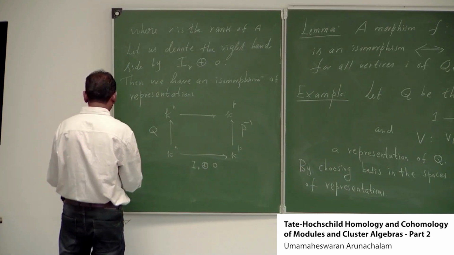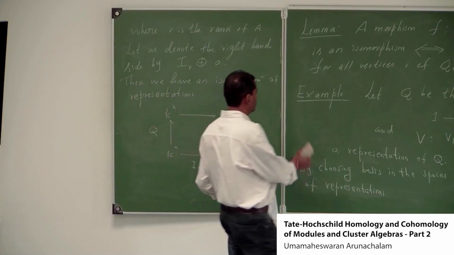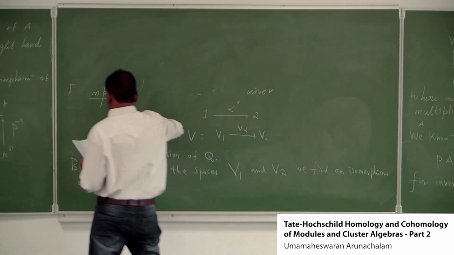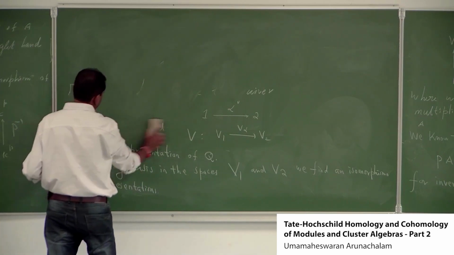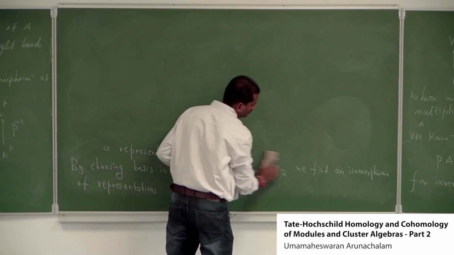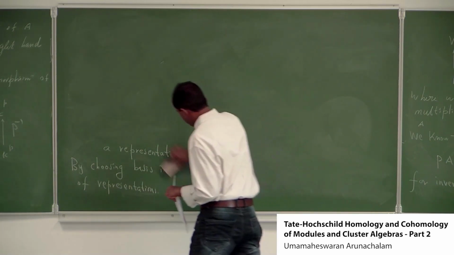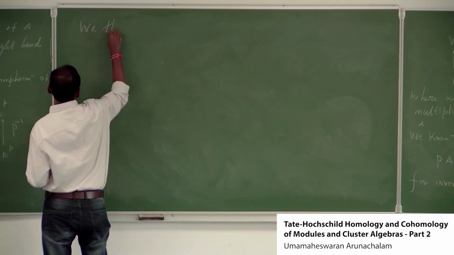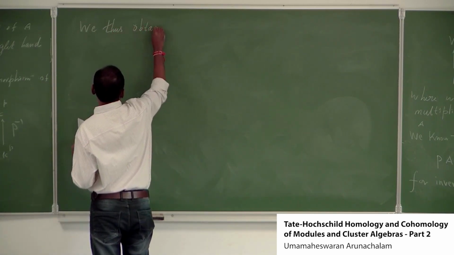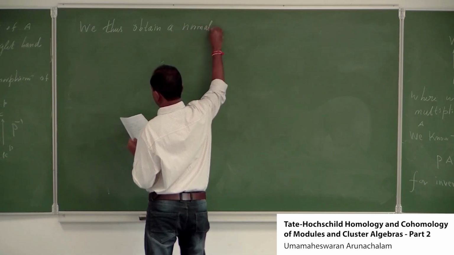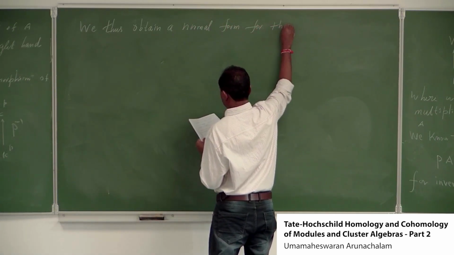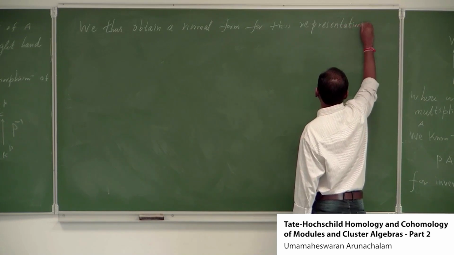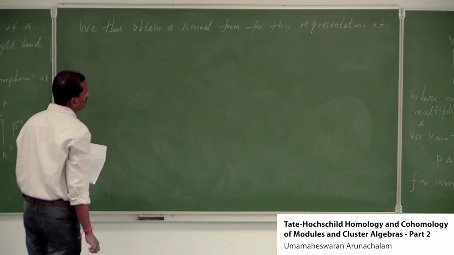We have an isomorphism of representations. We thus obtain a normal form for the representations of this quiver Q.